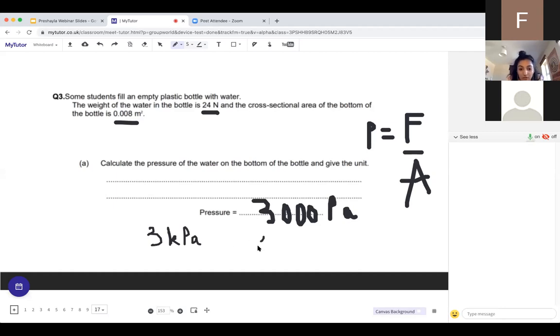So if you can't remember pascals in the exam for whatever reason, you may be able to remember newtons per meter squared by doing force in newtons divided by area, which is meters squared. So you can even derive the units that way, and they will accept that. As long as you get a correct unit, they're happy.